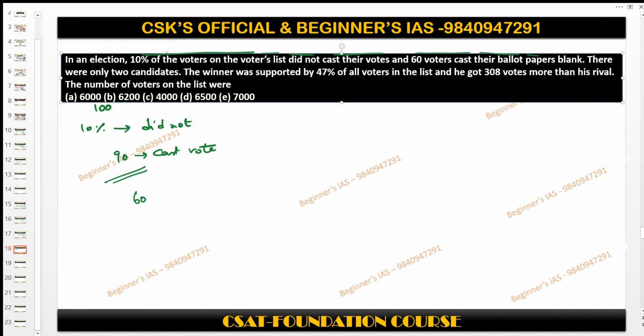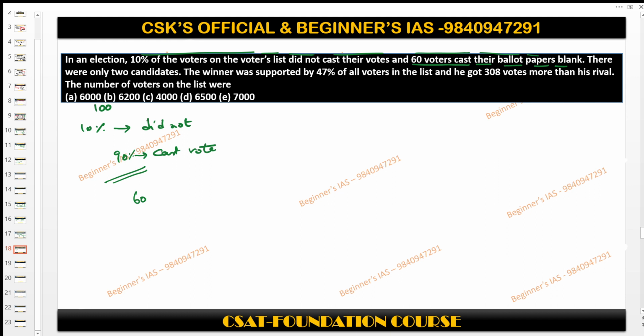So 90 percent cast their vote, out of which 60 number of voters have given blank. Yes, correct. This is 60 voters cast their ballot paper blank.